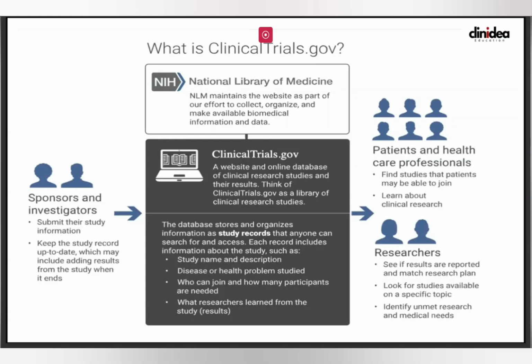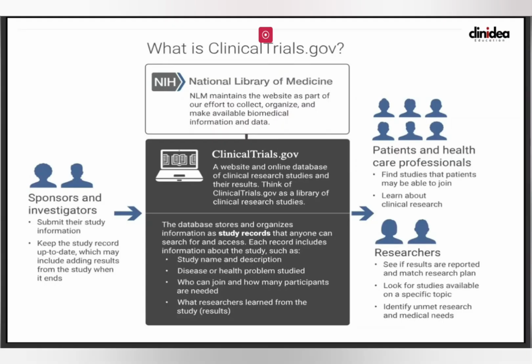NLM, the National Library of Medicine, is a part of NIH, and it is responsible for managing a large amount of medical and scientific information. It's like a library only. The whole site comes under NIH, but there should be someone responsible for maintaining it, to check if there is a malfunction or whether people are adding all the data correctly or not.